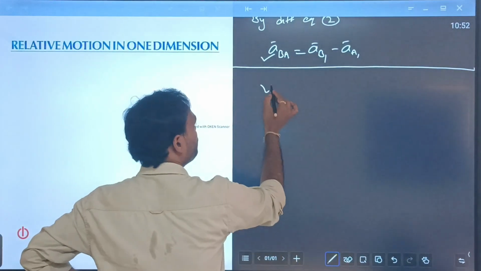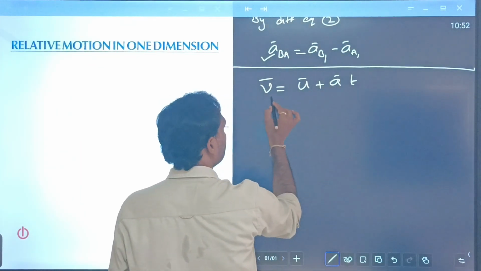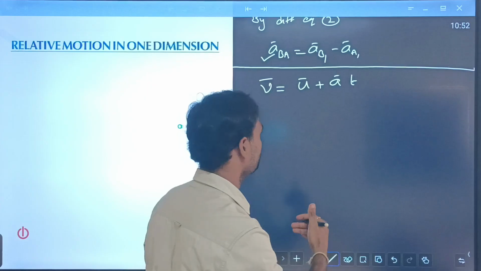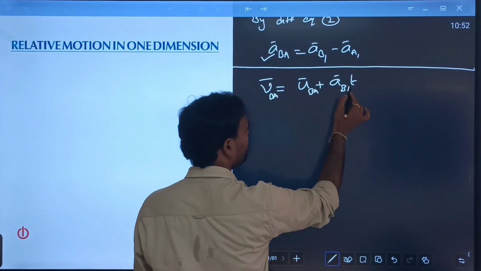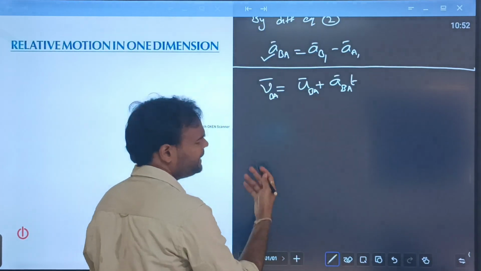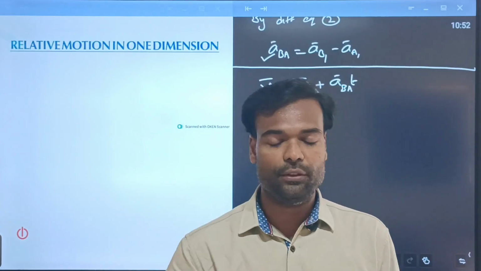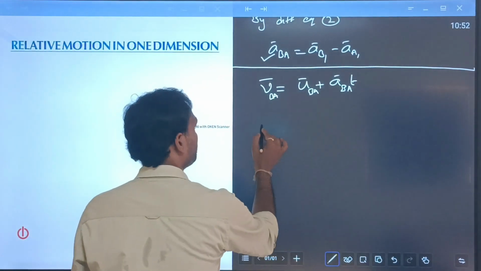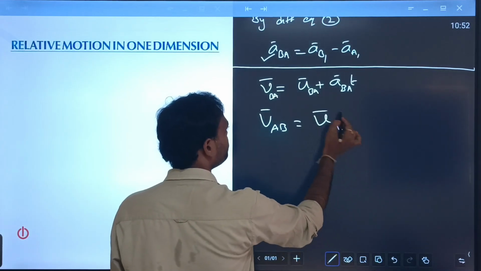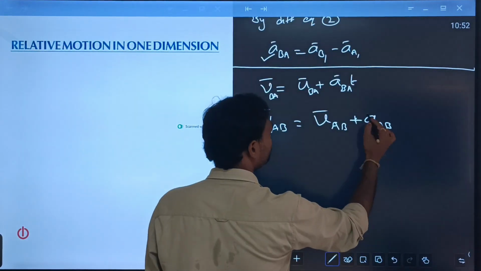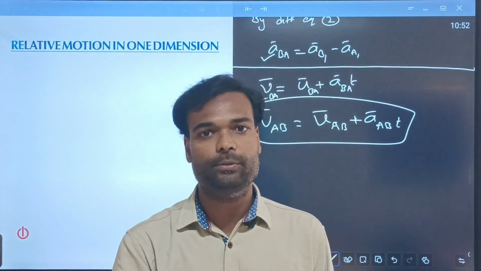Like we know the formula V is equal to U plus AT. So the velocity of B with respect to A, you can write like this. You can also represent it as the velocity of A with respect to B, not at all a problem. That means A with respect to B, you can write like this also. That's not an issue. The observer is important, the object is important.